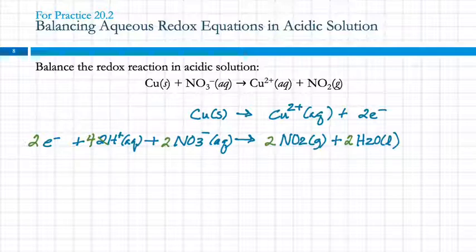Is it different to write H2 plus instead of 2H plus? It is different to write H2 plus as opposed to 2H plus, because there is no H2 plus in Chem 1A. It actually can exist, but we have hydrogen ions, and we have 2 of them.